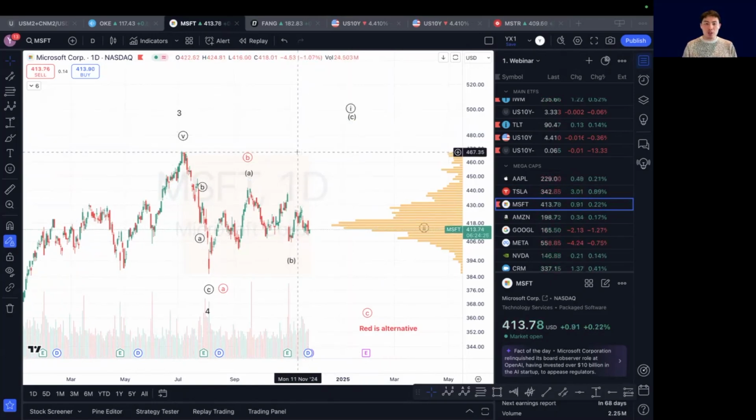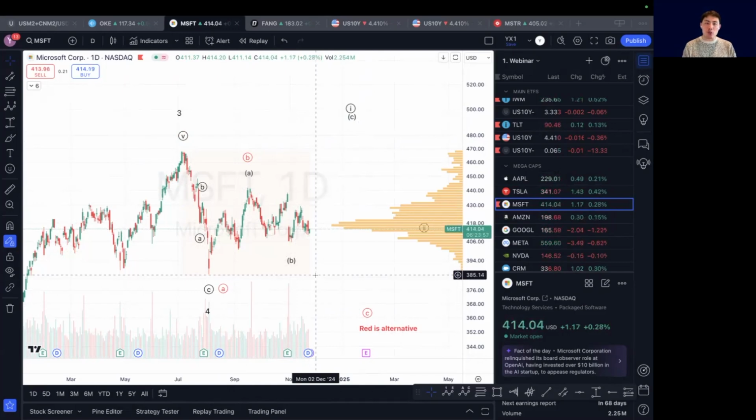I'm just going to put out the red alternative here, the bearish alternative, which is why we have a trade stop loss. The bearish alternative would say this is wave B, very similar to Google, which will come up in a second. So this is a wave B, and we have a wave C lower before we can attempt higher. If that is the case, we're being protected by a stop at 385.